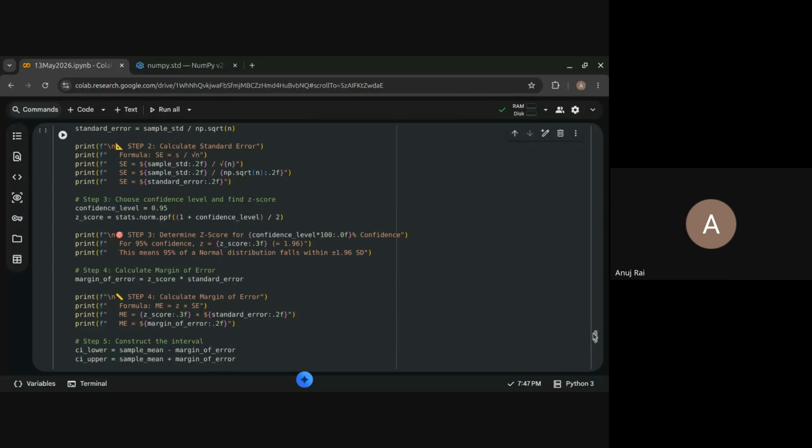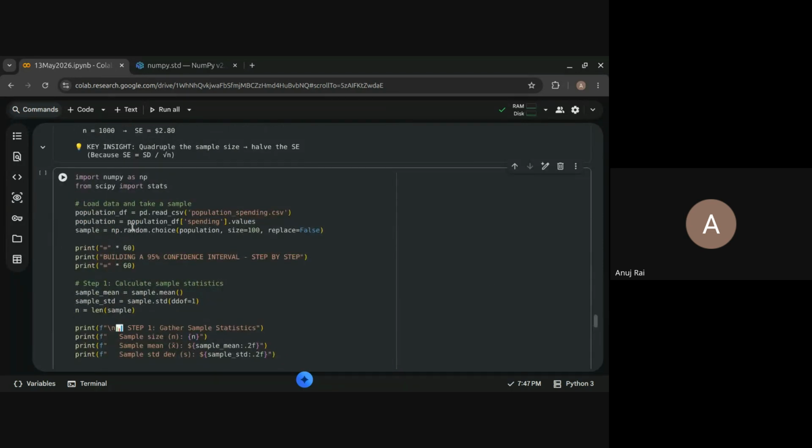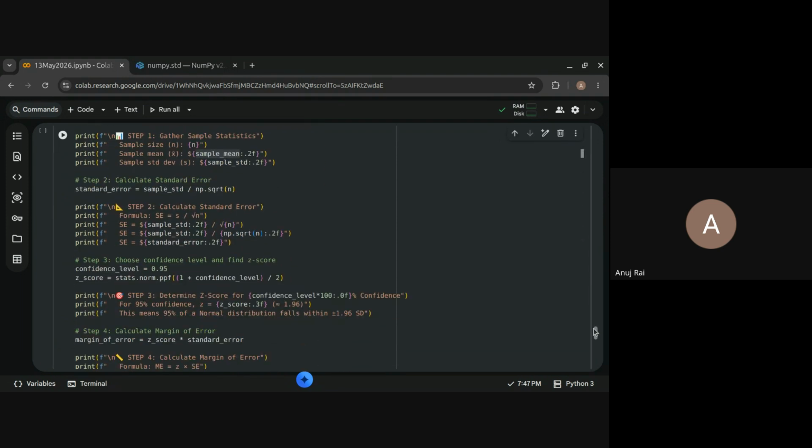Here is the same thing using code, how we can calculate the confidence interval, lower bound and upper bound. We are reading the population, taking the sample, calculating the sample mean, and then setting the confidence level we want.